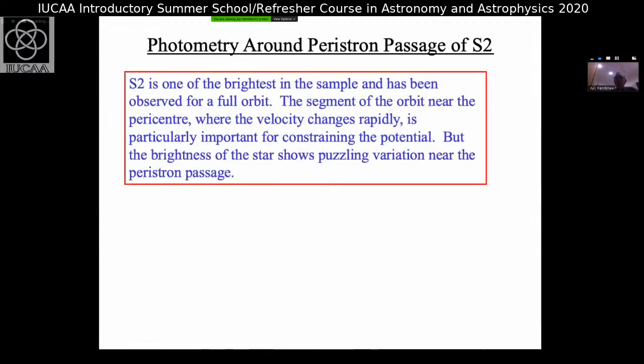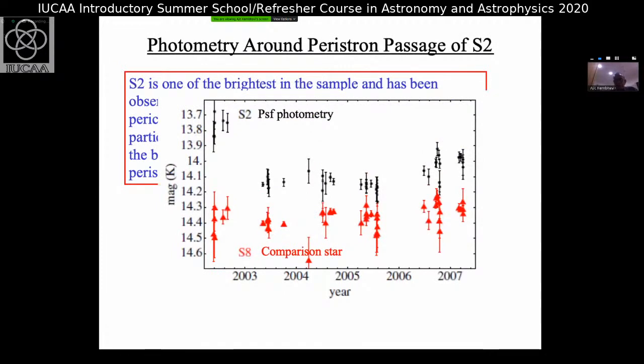Right. So now, because I'm coming to the end of my time, I will quickly move forward in just a couple of minutes, and you see here the kind of problems that you can come across in a measurement. You are measuring the magnitude of the star S2 over a period of time, and you see that the magnitude is fluctuating. Now, why is the magnitude fluctuating?